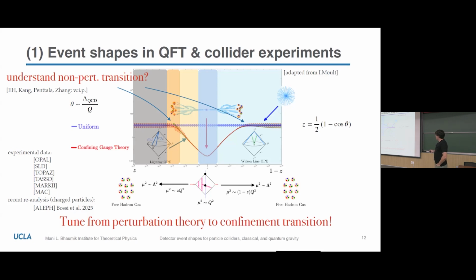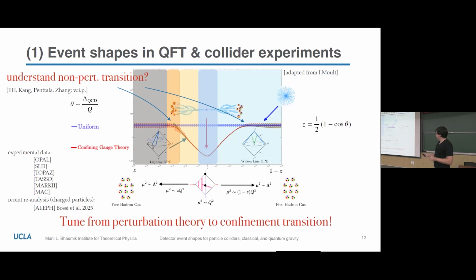One nice thing with this observable is that you can probe almost like a renormalization group flow. If you have hard scattering at finite angles, you have some hard scale Q squared, the off-shellness or virtuality of your photon. So you have a hard scale, and here you can really use perturbation theory due to asymptotic freedom: the strong coupling is weak at high energies, so you can do perturbative expansions.